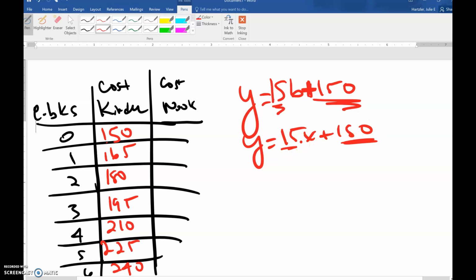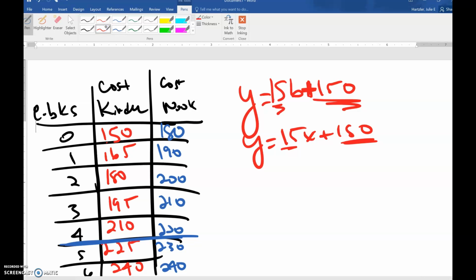All right. Then the next one is the Nook, I'll switch colors here. So the Nook is $180, but say their books are a little cheaper. So it looks like they're going up by 10 all the time. Right, and I did extend my chart a little bit beyond because I wanted to see the break-even point in the chart as well. All right, so my equation, so this is the Kindle.